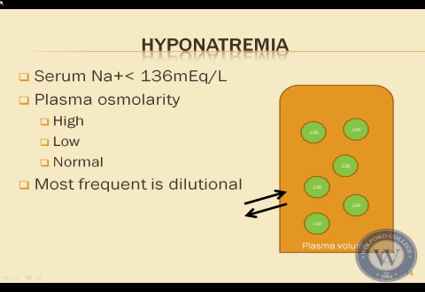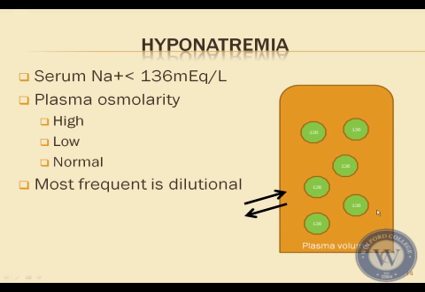As for hyponatremia, this is a diagnosis of a sodium of less than 136 milliequivalents per liter. Usually at that point it indicates that the plasma osmolarity in hyponatremia may be either high, low, or normal. And the most frequent one, of course, is dilutional, where the person is taking an excess amount of fluid in comparison to the amount of sodium content.